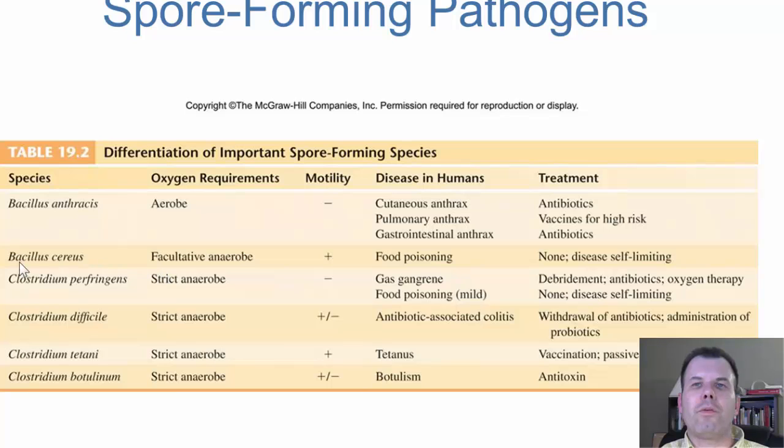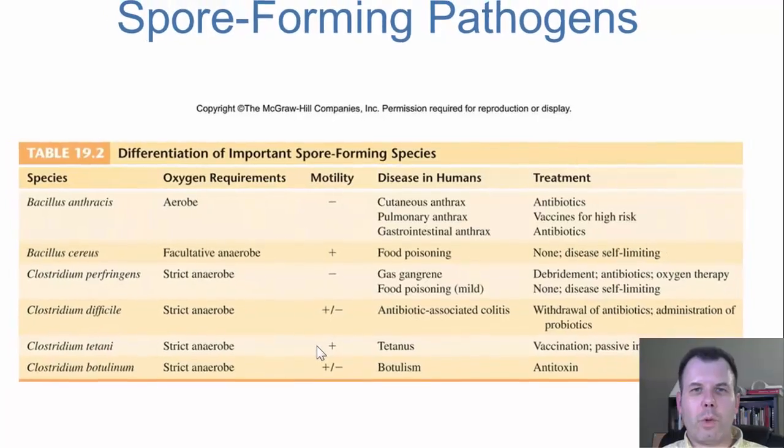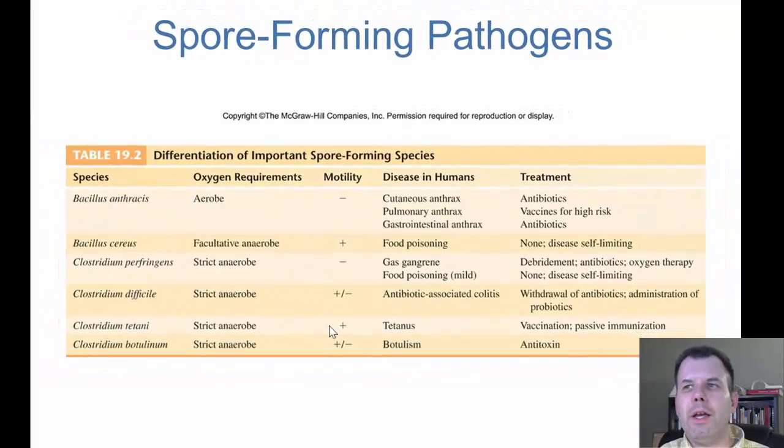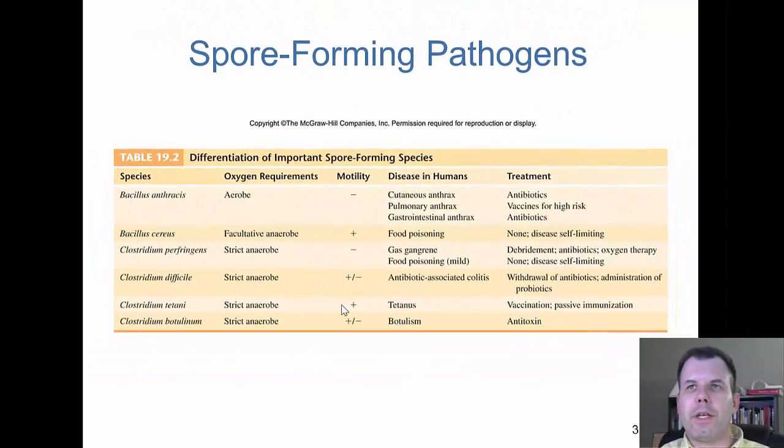Then we have the four different types of Clostridium: Clostridium perfringens, the gas gangrene or food poisoning; C. diff or Clostridium difficile, which we see with colitis or diarrhea; the tetani with tetanus; and the botulinum with botulism. And so that's where you see these different types of things. And again, you may see motility, you may not, but one thing you see in all of these are those wonderful endospores, tough to kill. Okay, and so that's the biggest thing.